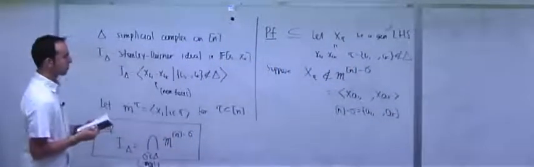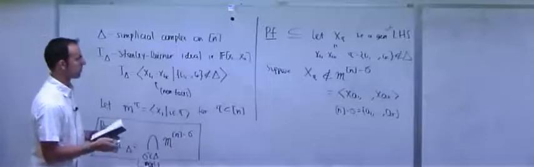Okay. So what happens? Well, x tau is not in here, which means that xa1 doesn't divide it, xa2 doesn't divide it, xak doesn't divide it. Okay? And what that means is that a1 doesn't live in this set tau, a2 doesn't live in this set tau, ak doesn't live in this set tau.